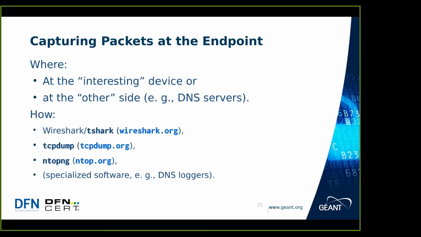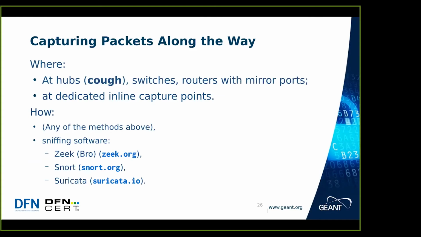What you can also do is try to capture packets along the way from the origin to the destination. Where to do that? Well, you can do it at hubs, if anybody still has hubs actually in use, at switches, at routers, and for those devices, you'll usually need to configure mirror ports or span ports. Usually these devices work by reducing their workload, only forwarding traffic to the ports that they know the traffic belongs to.